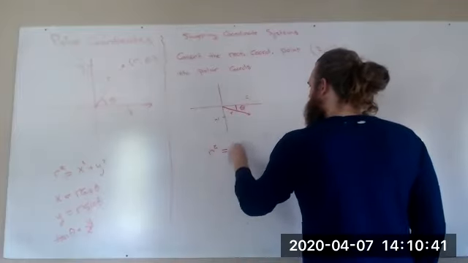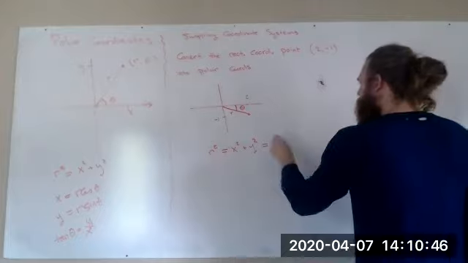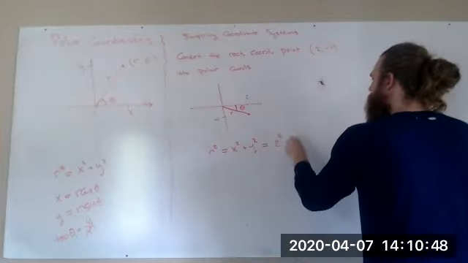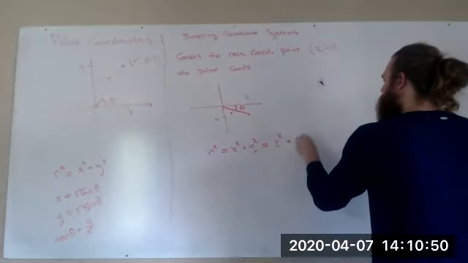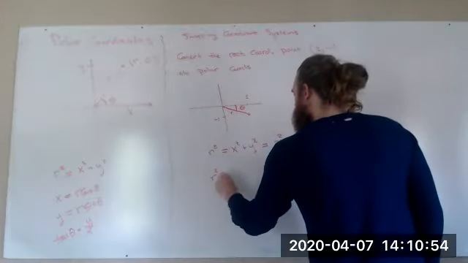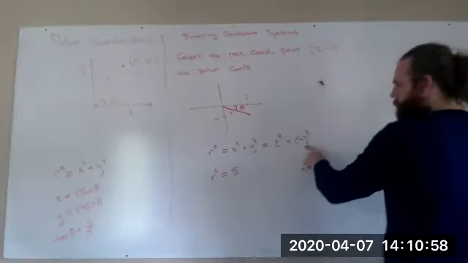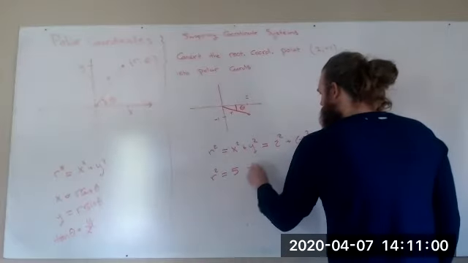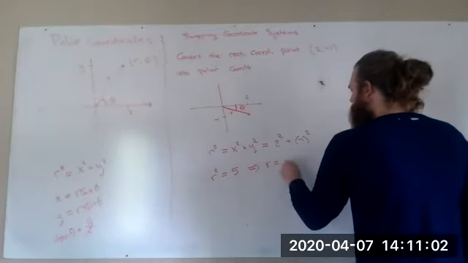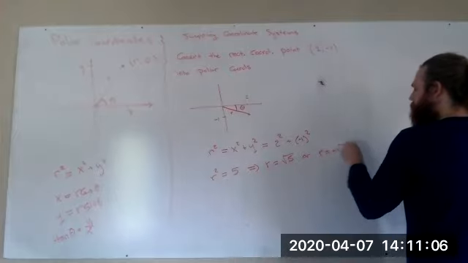r squared equals x squared plus y squared. Well, x is 2, so that's 2 squared, plus y is negative 1, so that's negative 1 squared. So r squared is equal to 5, 2 squared plus 1, which means that r is either the square root of 5 or r is the negative square root of 5.